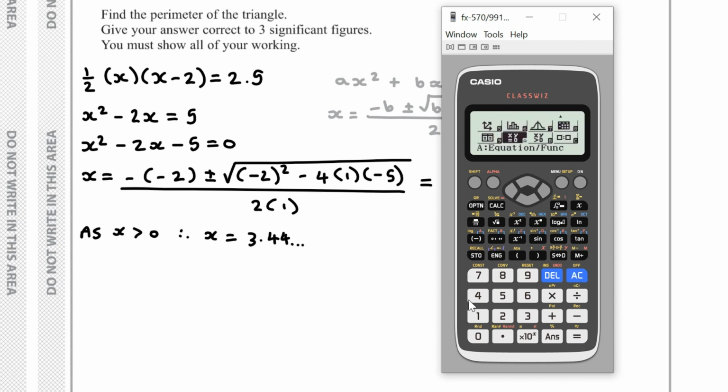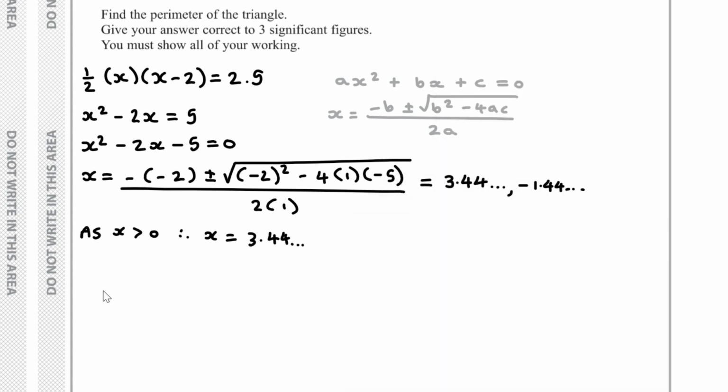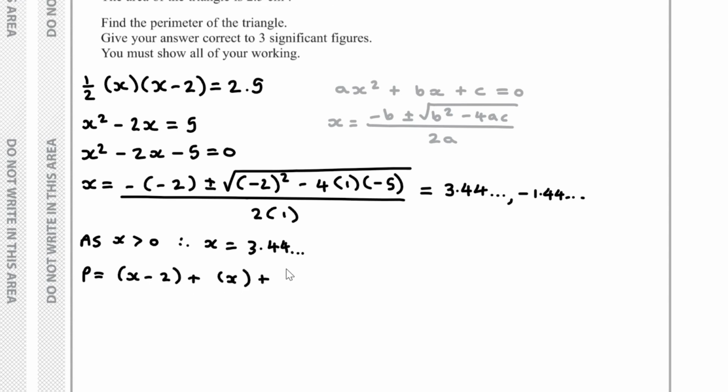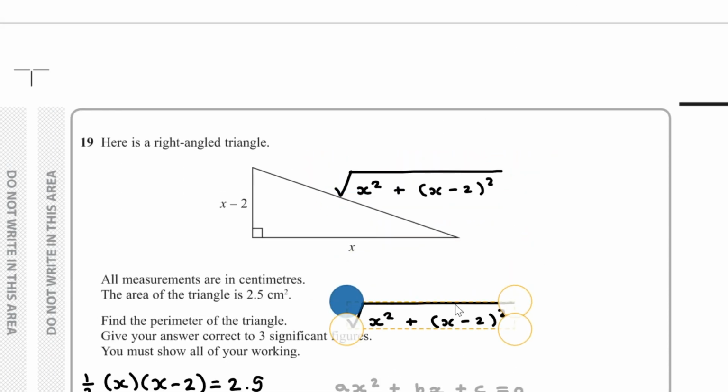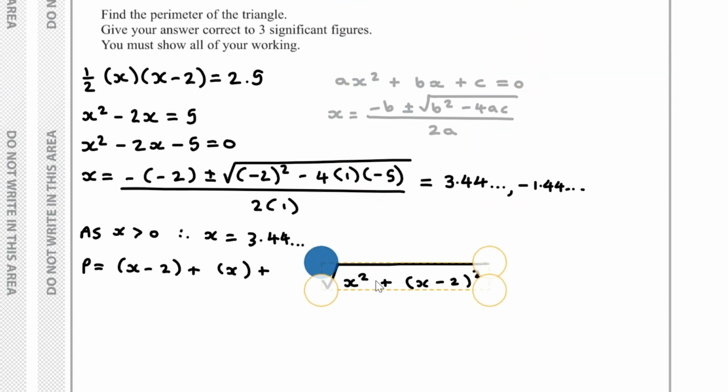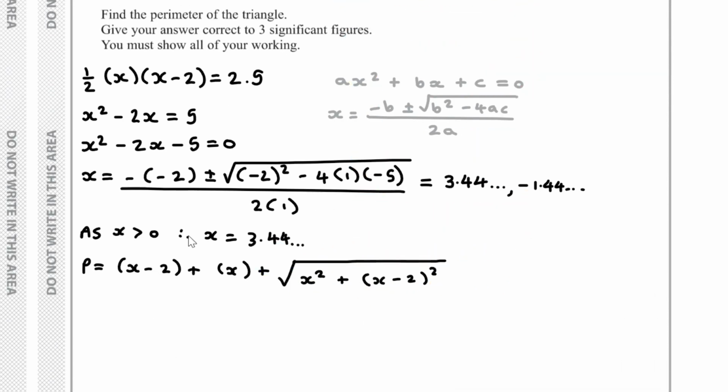Okay, so we have 1 plus root 6 as a solution, which is this. So now the perimeter is going to equal x minus 2 plus x plus the bit which we mentioned here. So let's just copy and paste this. Here for the perimeter, we've got x, which is 1 plus root 6.